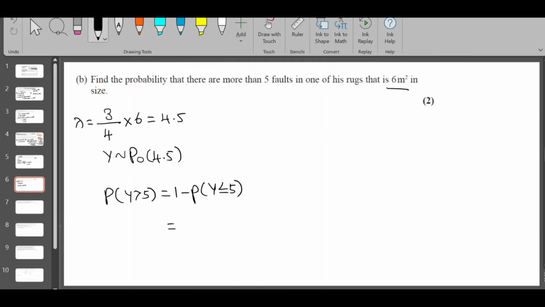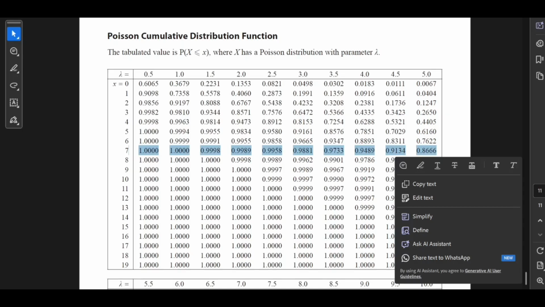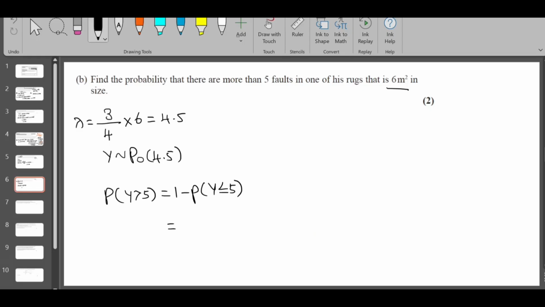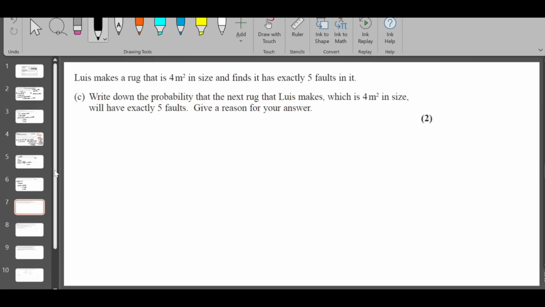Let's get the table value for lambda 4.5, x is 5. That's 0.7029. 1 minus 0.7029 is 0.2971. That's all.